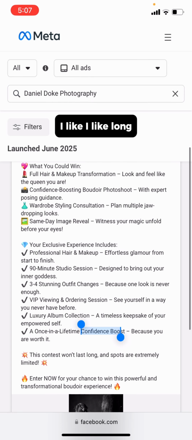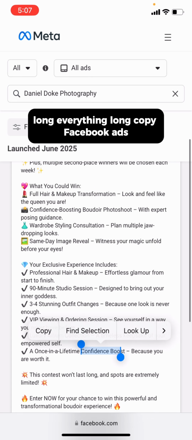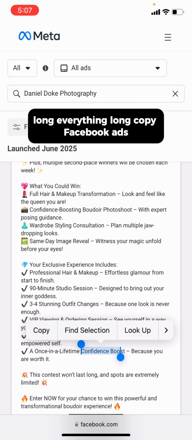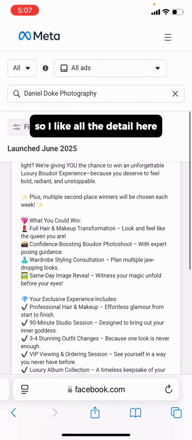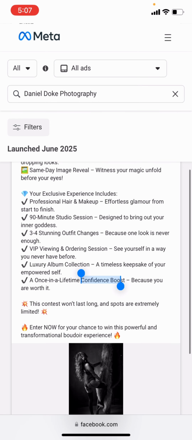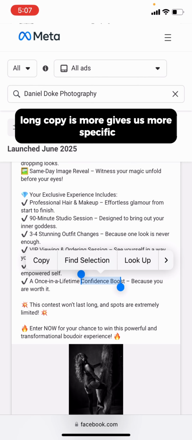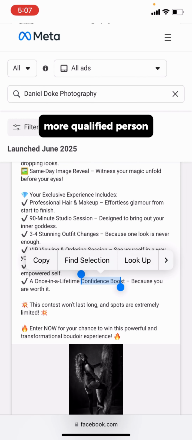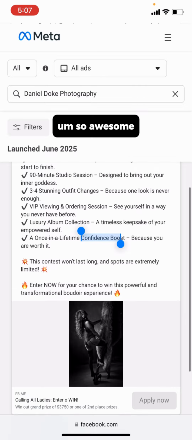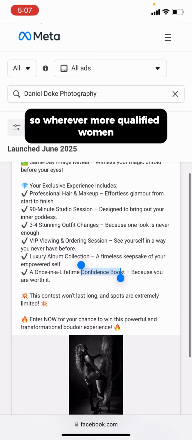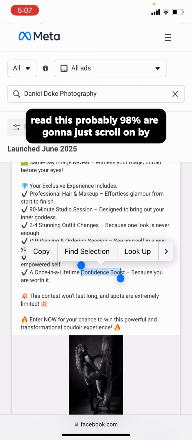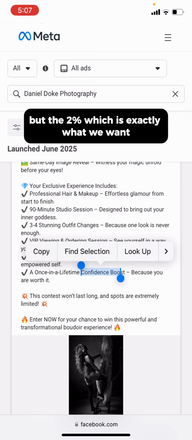I like long copy Facebook ads. So I like all the detail here, because long copy gives us a more specific, more qualified person. So awesome, we're having more qualified women read this. Probably 98% are going to just scroll on by, but the 2%, which is exactly what we want.